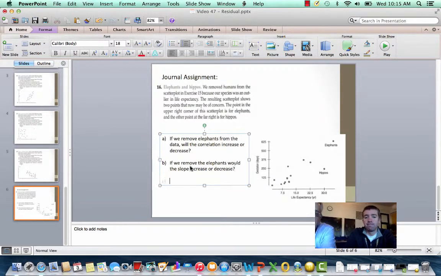And C, do the elephants have high residual, high leverage, or both? Very good. Okay, how about that?